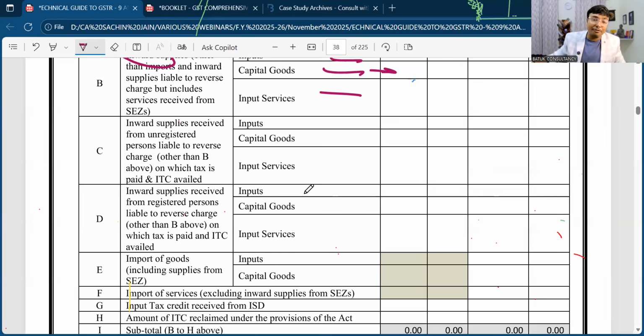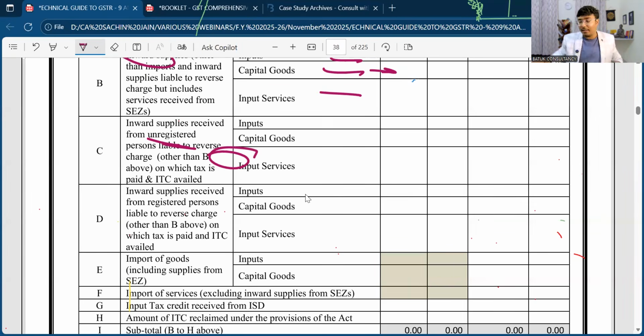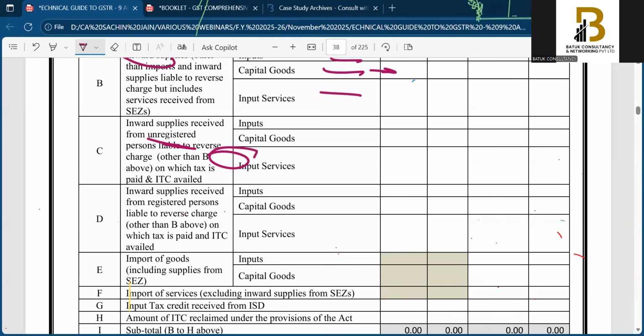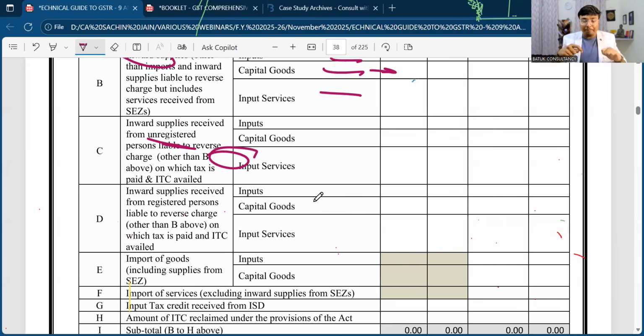Then inward supply received from unregistered person liable to reverse charge mechanism. Inward supply which is liable to reverse charge mechanism as per section 9 subsection 3.